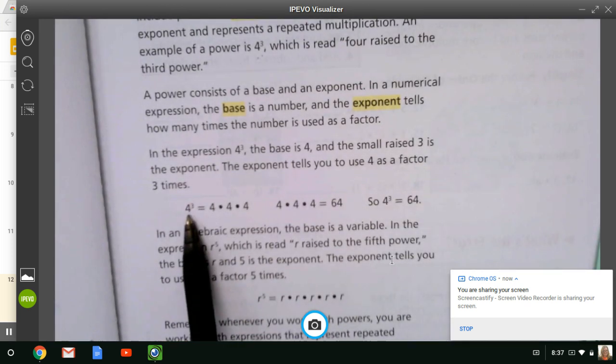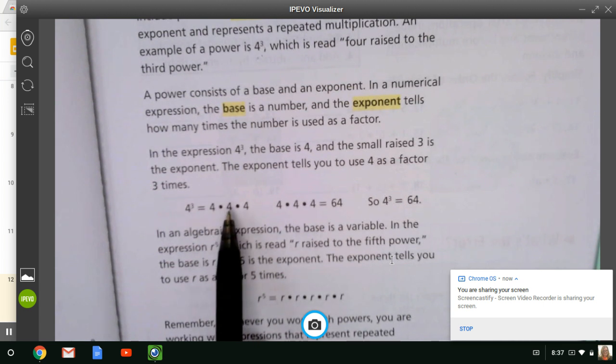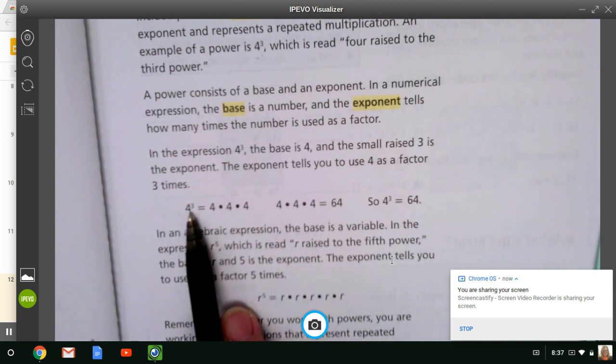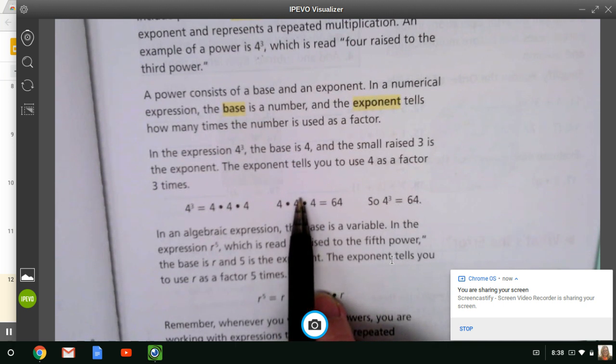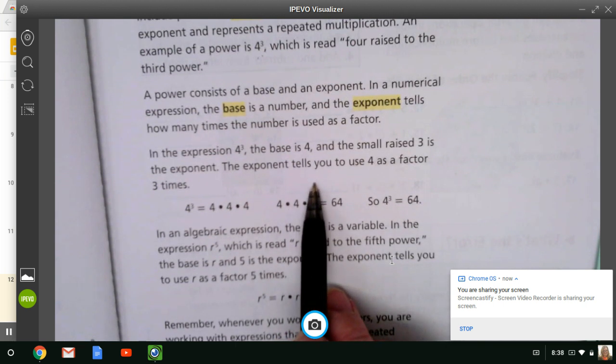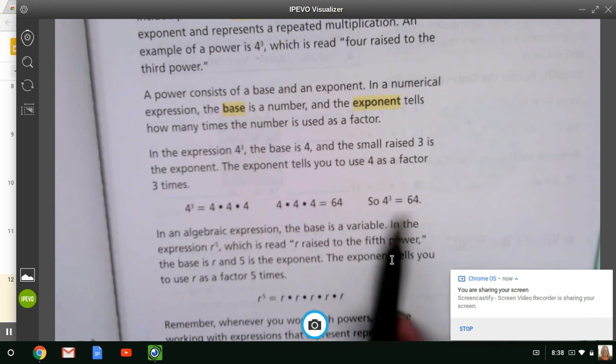So we're going to do that again, and this would be your second operation in your order of operations after solving for parentheses, right? So 4 would be represented for 3 separate factors. So instead of 4 times 3, it would actually be 64, because you multiply the first 2 together and get an answer, and then that answer gets multiplied to the next one. So it can be challenging if you're not careful.